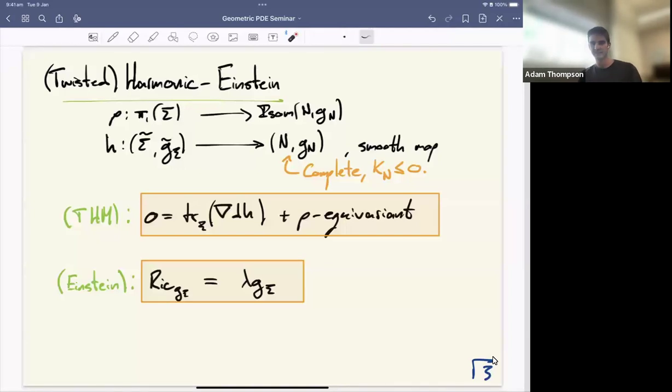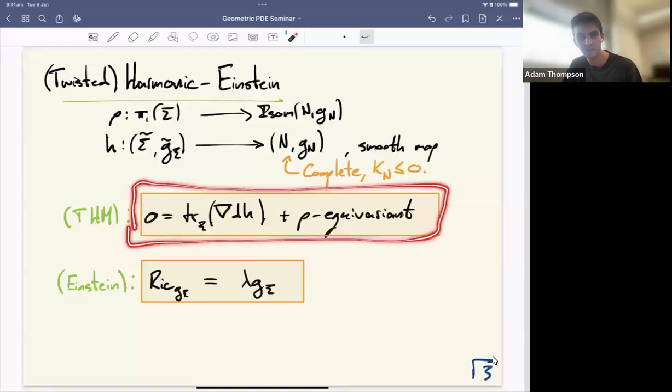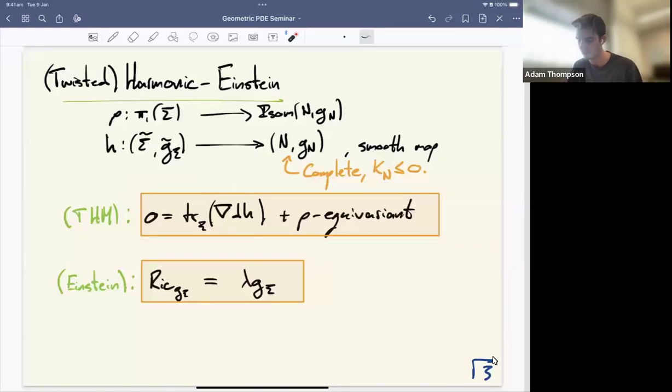But the problem with this is the first equation, the twisted harmonic map, certainly relies on the metric G sigma, but this second equation, the Einstein condition, has no reliance on the twisted harmonic map equation. So if I do this, then essentially what I'm asking is to find an Einstein metric and then find a harmonic map out of it. So somehow we need to couple these equations.